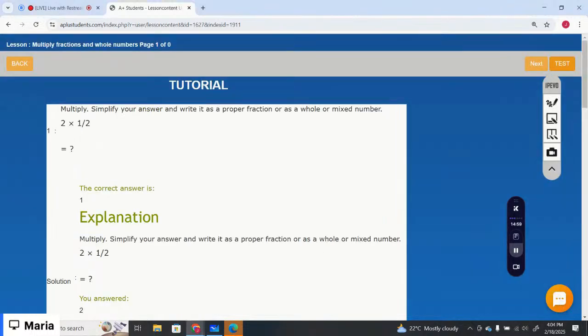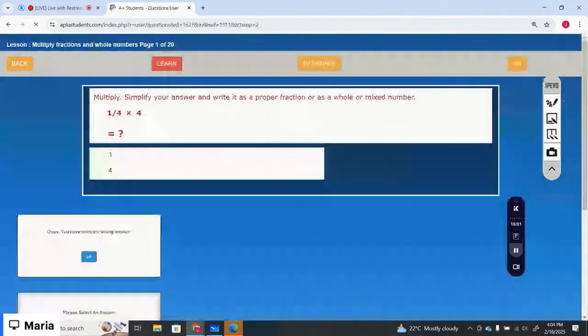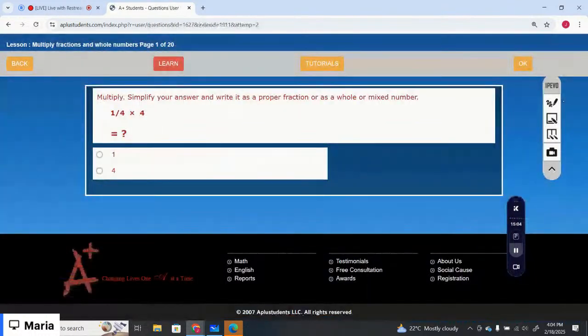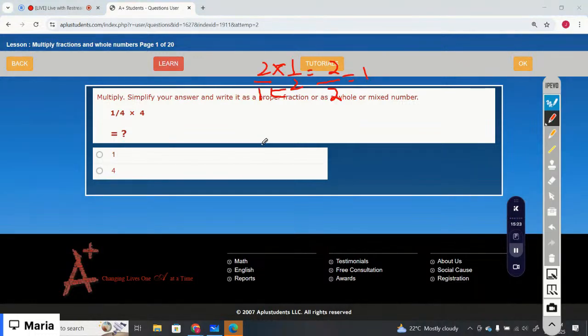Okay, let's just start with the test questions. Four times 1 over 4. 4 times 1 by 4. So let's just do numerator times numerator, denominator times denominator. 4 times 1 is 4 and 4 times 1 is 4.